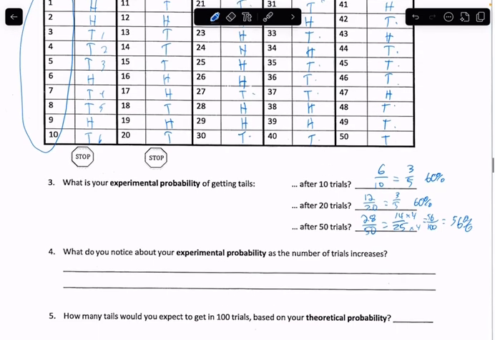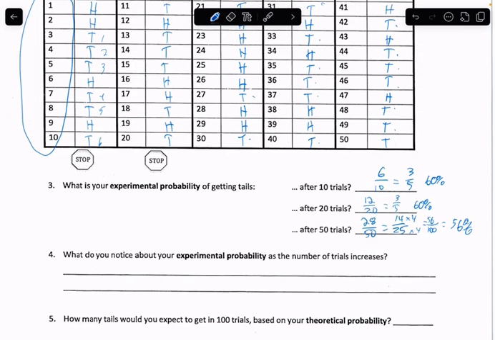What do I notice about my experimental probability as the trials increase? I had 60%, 60%, and then 56%. It's starting to move closer and closer to the theoretical probability.